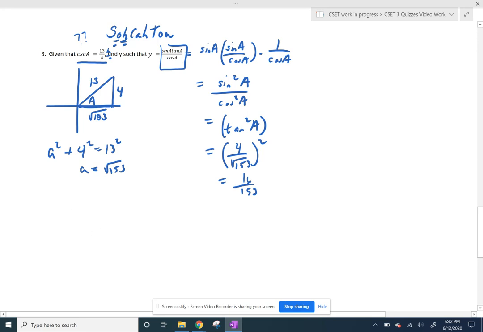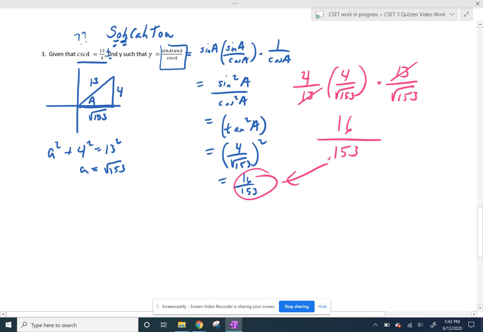So if I plug it directly in, the sine is 4 over 13, and then the tangent is 4 over square root 153, and then we're dividing by the cosine, which is the square root of 153 over 13. So we're multiplying by the reciprocal, 13 over square root 153. And so our 13s do cancel, and we are getting 16 over 153, just like we said we would.